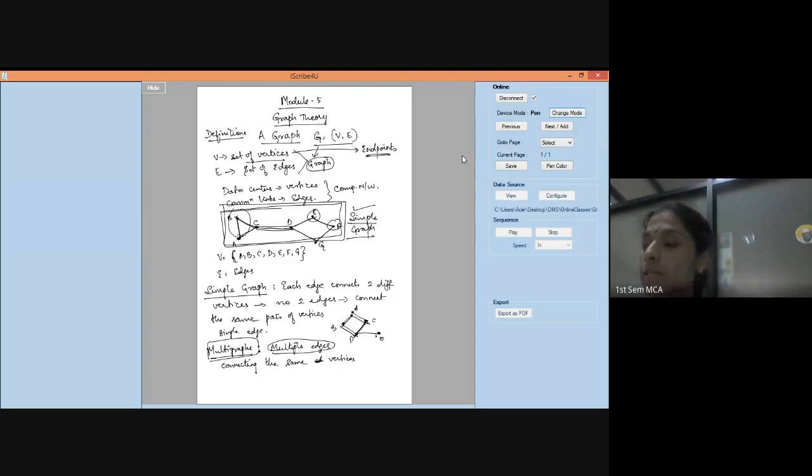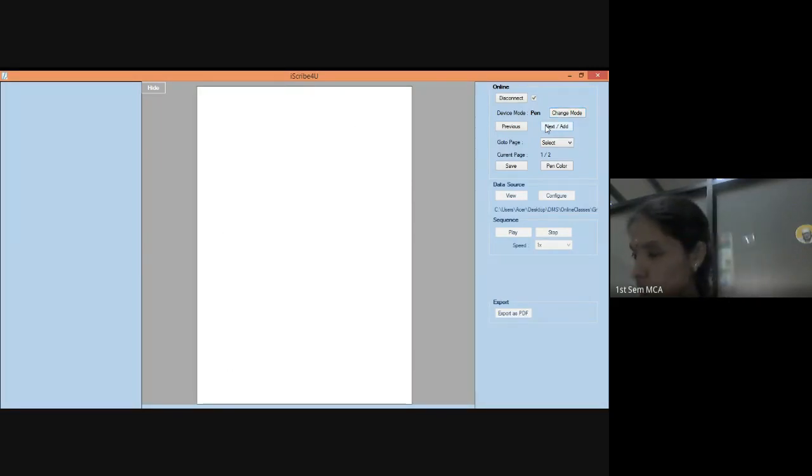Such a graph, you call it a multigraph. Let me take an example. Between any pair of vertices, you can have multiple edges, then you call it a multigraph.